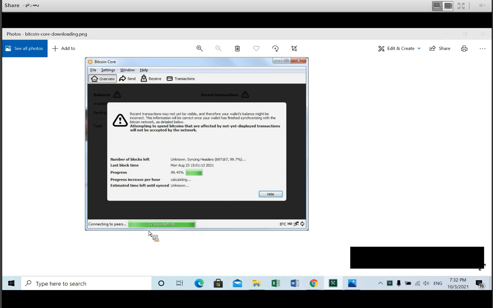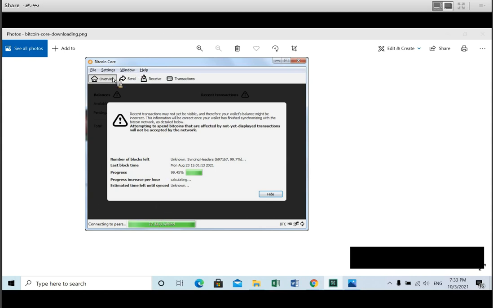See this figure? 12 days. 12 days for me, with a good speed network, it took 12 days to download all the blocks. It's a huge amount of data, and all the blocks must be downloaded.